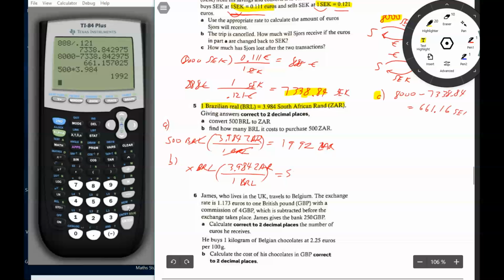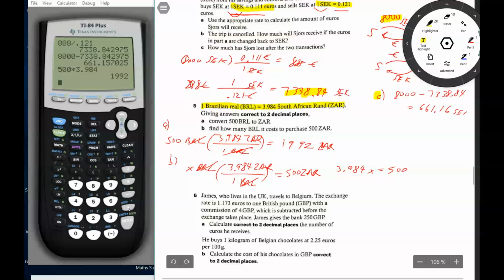And that equals 500 ZAR. Okay, so basically X times 3.984, so I'm going to write 3.984X is equal to 500.